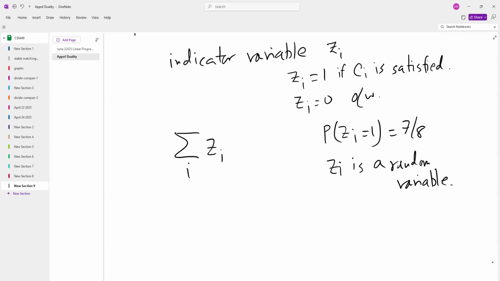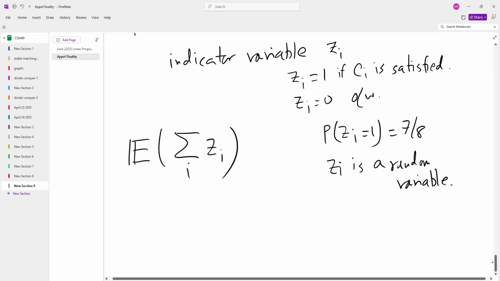It's 1 with probability 7 by 8 and 0 otherwise. So the sum of these variables is also a random variable. But I want to find the expected value of the sum, and I need to compare this with the optimal. Now how do I compute the expectation of the sum of random variables? We did this once.